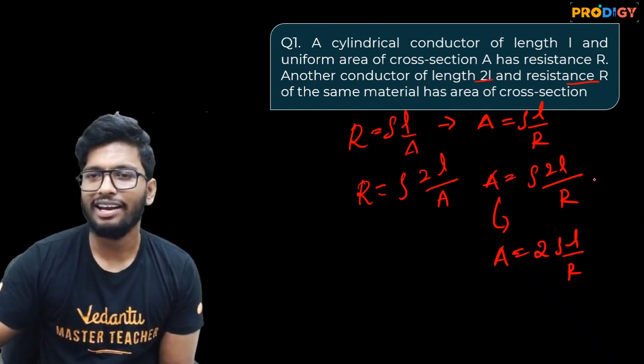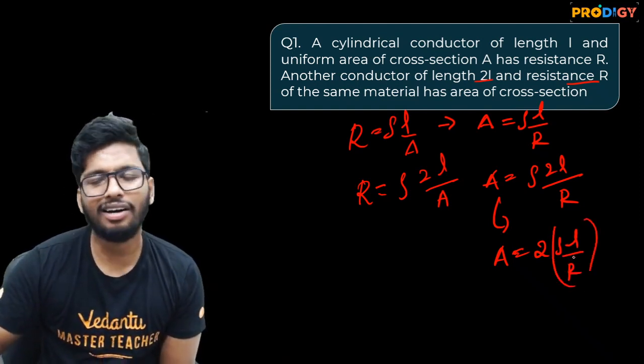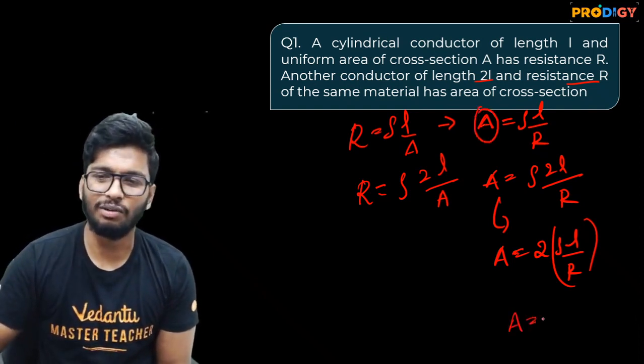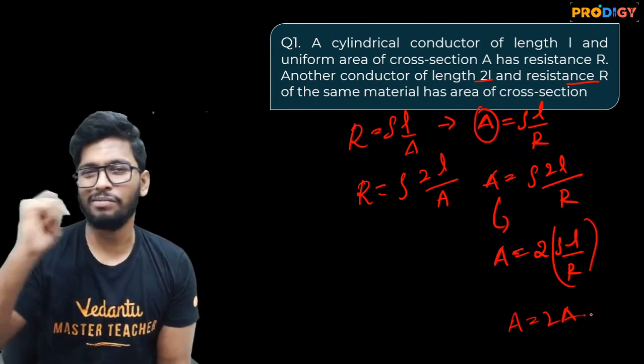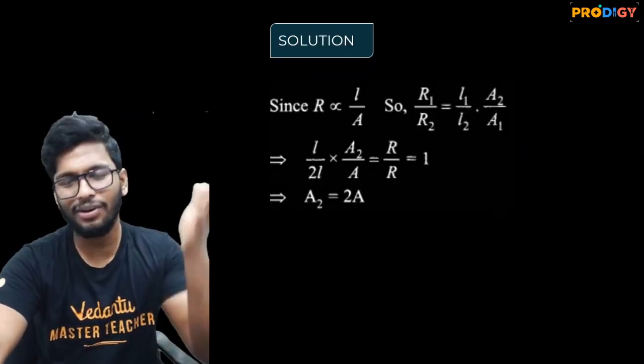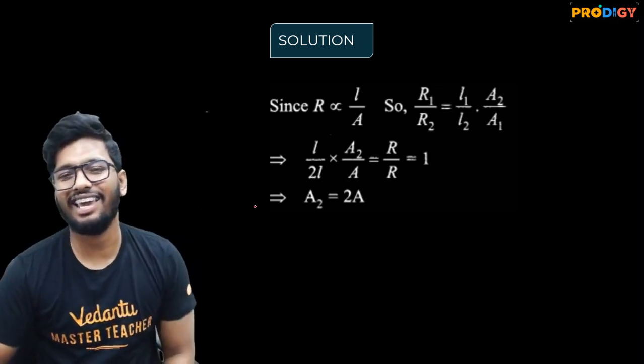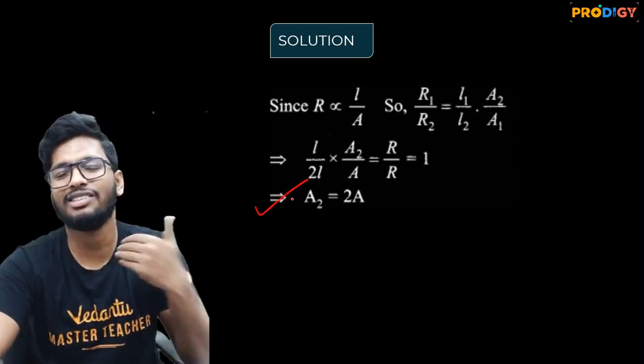I can do that. Now, what is rho L by R? Rho L by R is nothing but A from the first equation. So what will you get? A is equal to 2A. So what happens to the area of cross section then? It will become twice the original area. That's all. When the length is increased twice, the area also increases twice if the resistance has to remain the same.